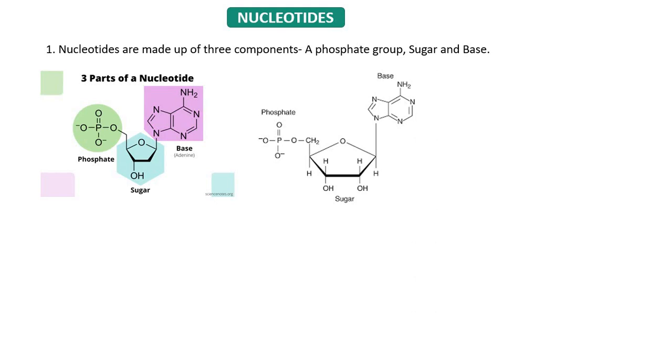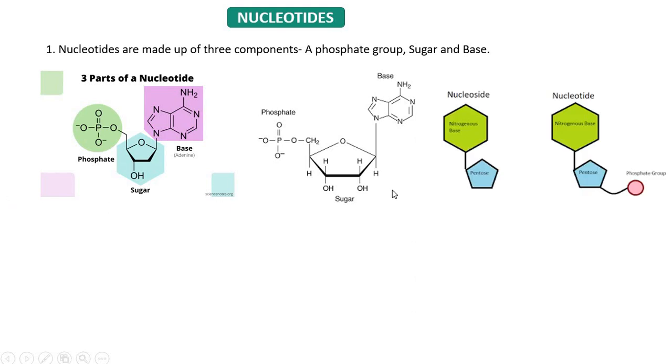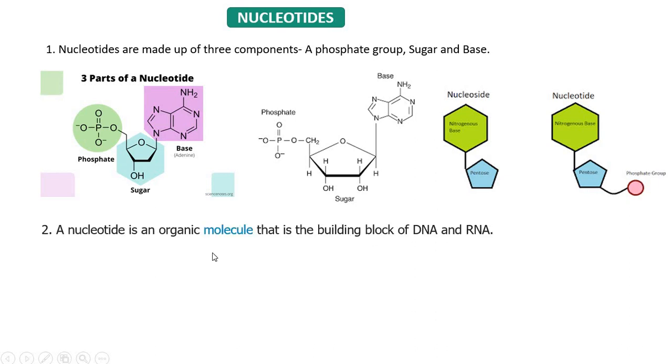One nucleotide joins with another nucleotide, then that nucleotide joins with another nucleotide. In this way there is a chain of nucleotides, and that chain is known as a polynucleotide strand. This is the basic difference between nucleoside and nucleotide: a nucleoside has only base and sugar, while a nucleotide has base, sugar as well as a phosphate group.